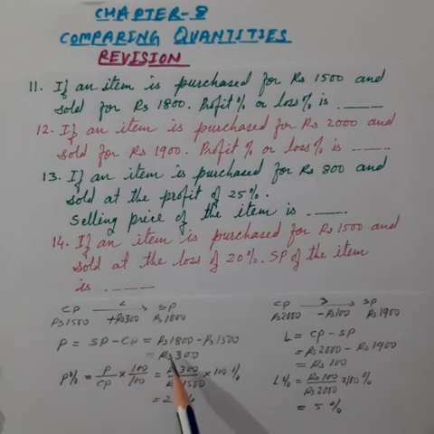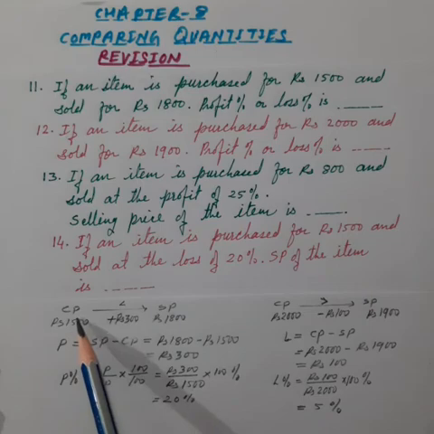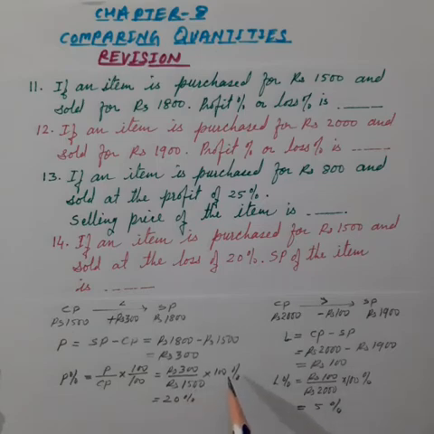We get here a profit of rupees 300, and profit percent or loss percent is always calculated on cost price. Here 300 rupees is the profit on cost price 1500, and we have to find the percentage. So we want denominator 100. Multiply this by 100 by 100, and for this 100 in the denominator write the percent sign and solve this part.